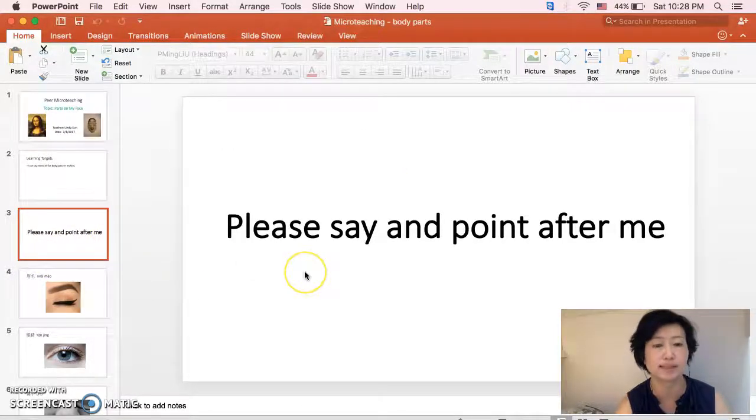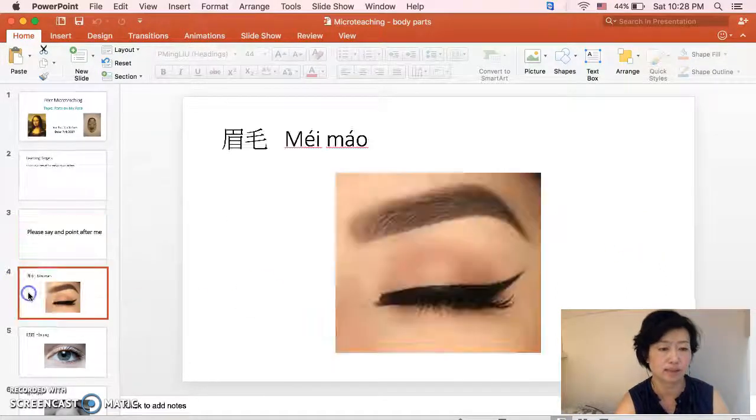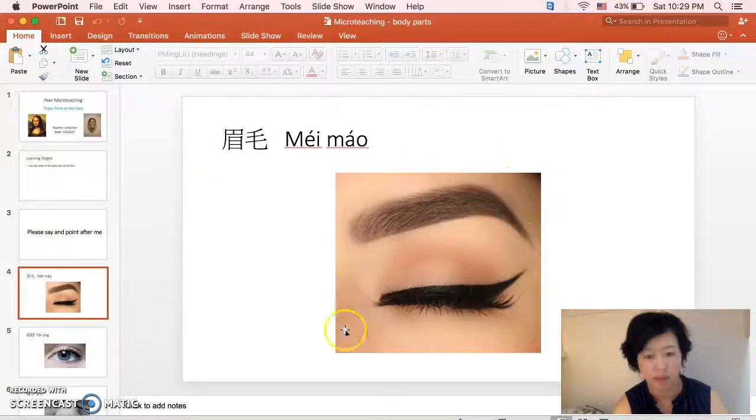So what I did was I started with this slide to direct students to say and point after me, and I began with comprehensible input, with numerous inputs, including showing the pictures of body parts and pointing to my own body part on the face. So for example, eyebrow, I will point to the picture and then point to my own eyebrows.